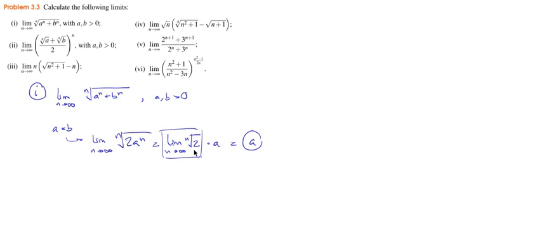So that's kind of the easy version. Let's suppose now that a is greater than b. Now the limit when n goes to infinity of the nth root of a to the n plus b to the n.